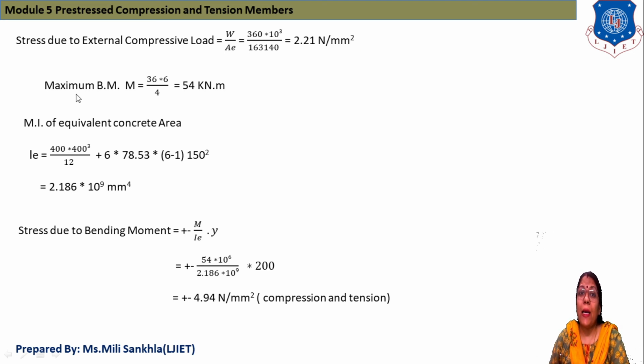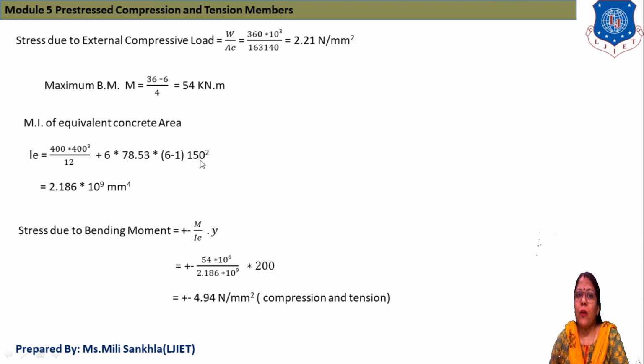Now the maximum bending moment M is equal to WL by 4, that is equal to 54, because this is for a point load. Find out the moment of inertia of the equivalent concrete area. I is equal to BD cube by 12, plus (m minus 1) Ap times h square.